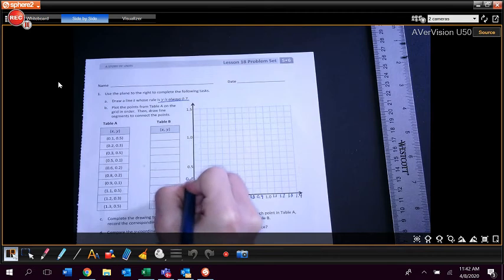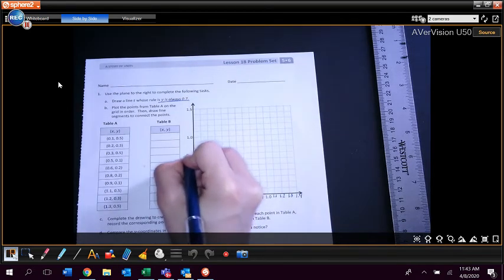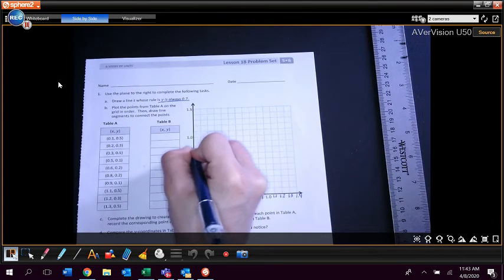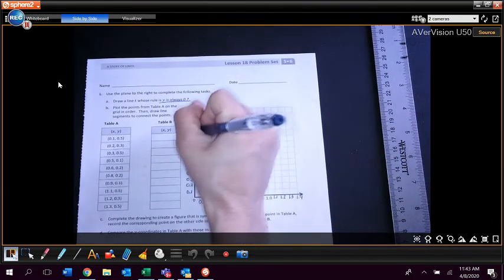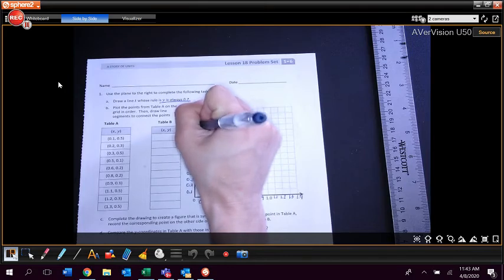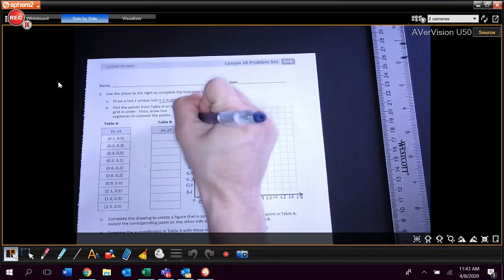Ms. Rodriguez is going to do it on both sides. This just makes it a lot easier for me when I'm plotting down my points.